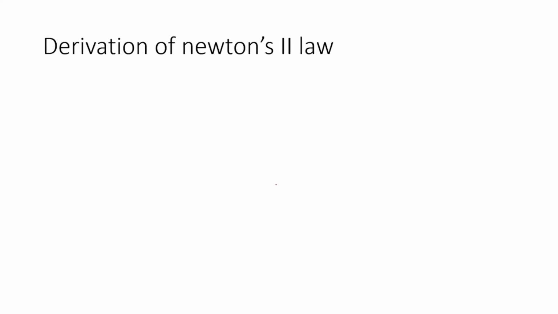Now let's see how we get the formula in Newton's second law, which is F is equal to ma. So consider there is an object of mass m which is moving with some initial velocity u. After some time, the mass of the object remains the same, but its velocity becomes v.